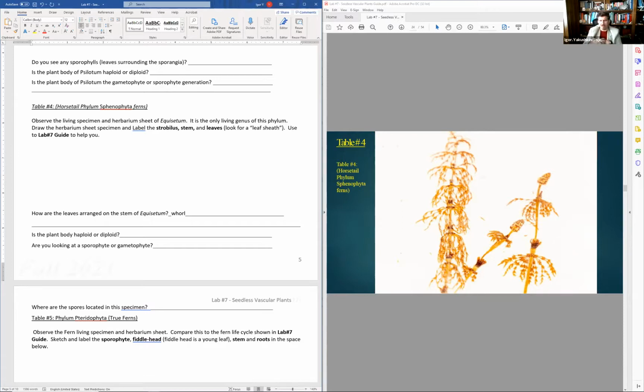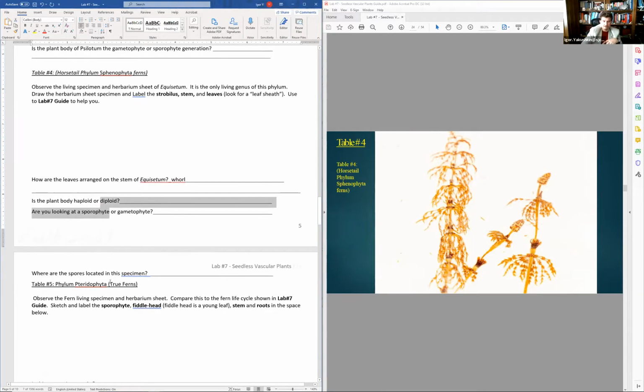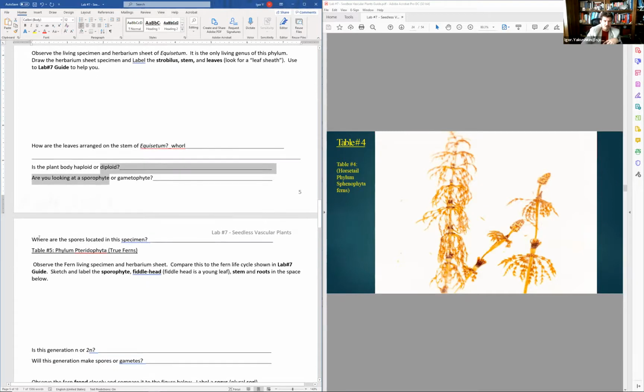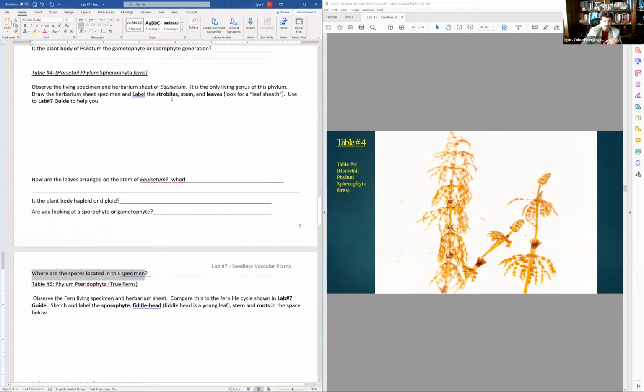Again, those things can grow up to 4 to 5 feet tall, clearly seen with the naked eye. They are vascular, therefore it's the diploid organism. As soon as we start talking about the diploid, we're talking about the sporophyte. Where are the spores located? On the very top, in the structure known as the strobilus. Easy enough.